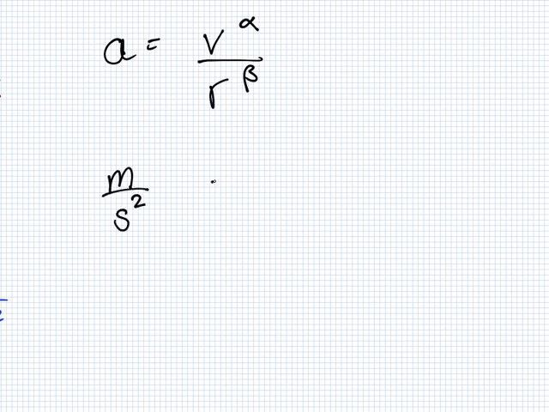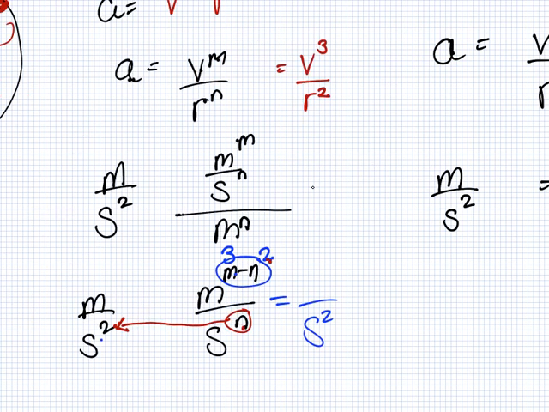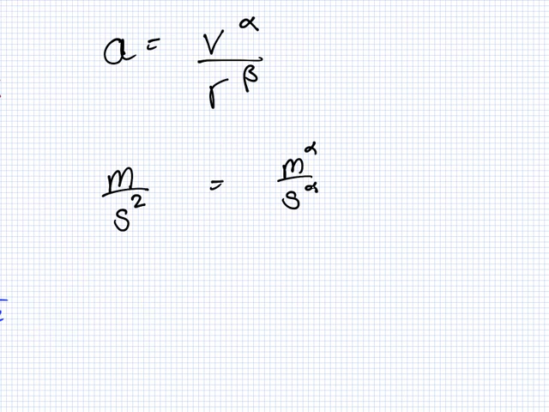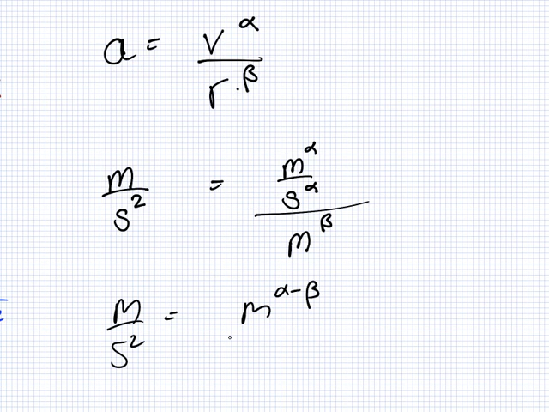The units for V, meters per second, to the power alpha. Oh, did I forget to do that? Disgraceful. Okay, I got confused. Let's continue. Here, R, meters to the beta. Okay, so meters per second squared equals meters to the alpha minus beta over seconds to the alpha.